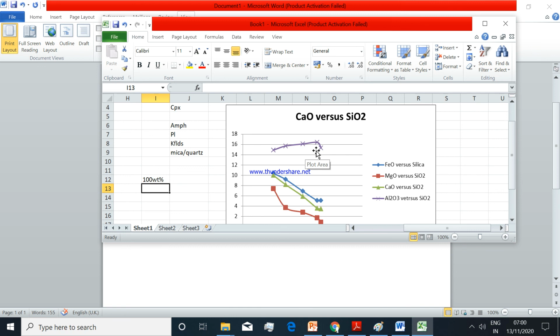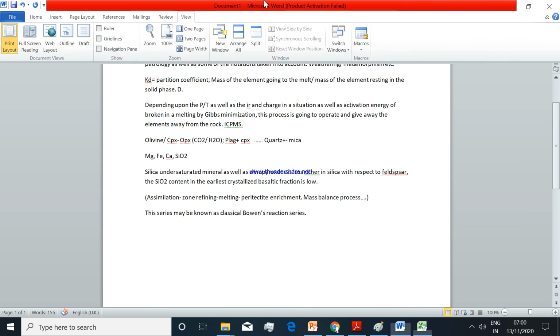Aluminum oxide will crystallize some plagioclase feldspar, and because of the plagioclase crystallization, plus or minus alkali feldspar crystallization, the crystallized rock will bear aluminum oxide in it.